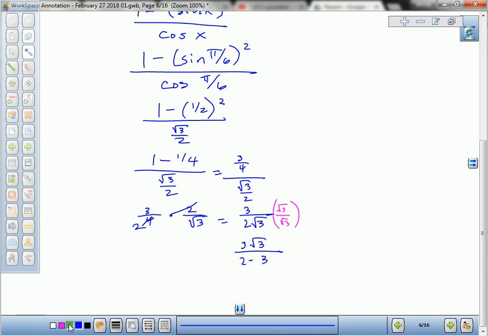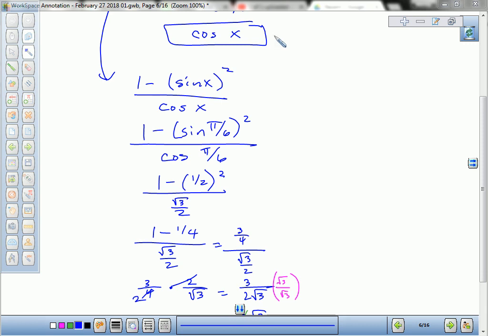And what happens to my 3's? They cancel, and I'm left with square root of 3 over 2. That's crazy. Okay? So those are the steps. That's how much work I would have to do.